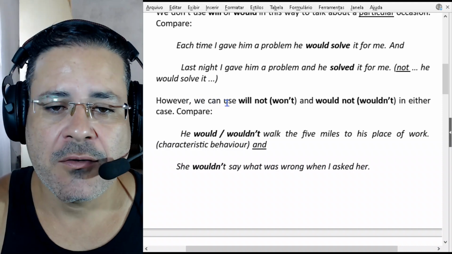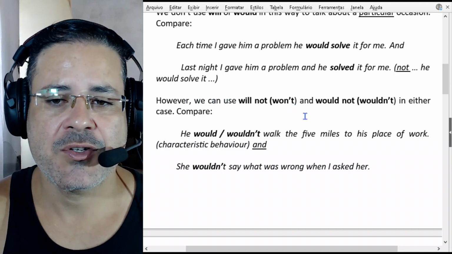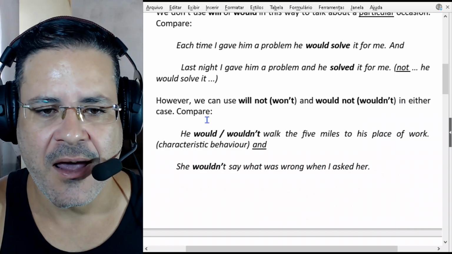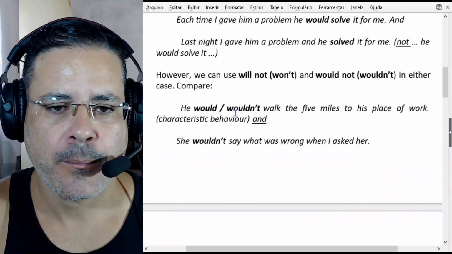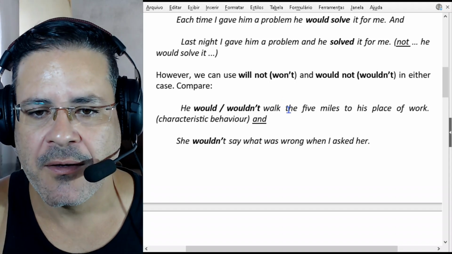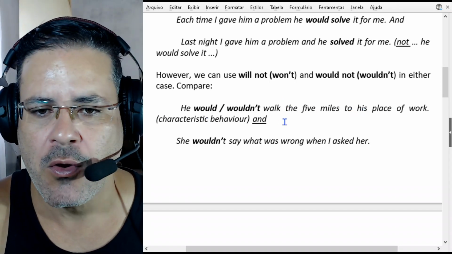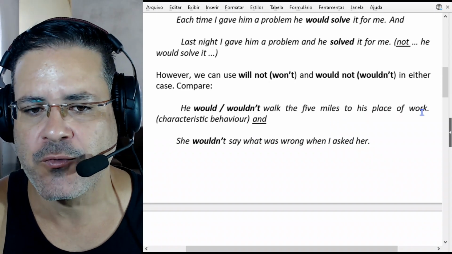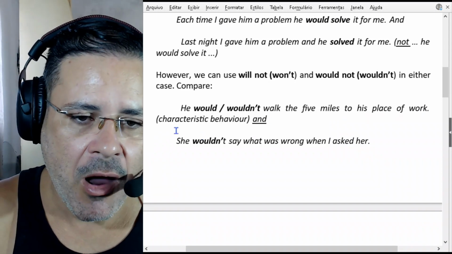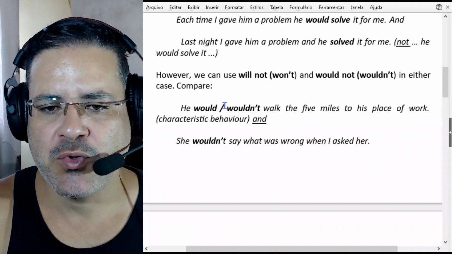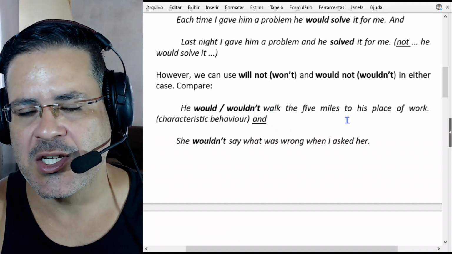Okay, moving on. However, we can use will not, won't, and would not, wouldn't. In either case, compare. He would walk the 5 miles to his place of work. This is characteristic behavior again. We might also say he wouldn't walk the 5 miles to his place of work.